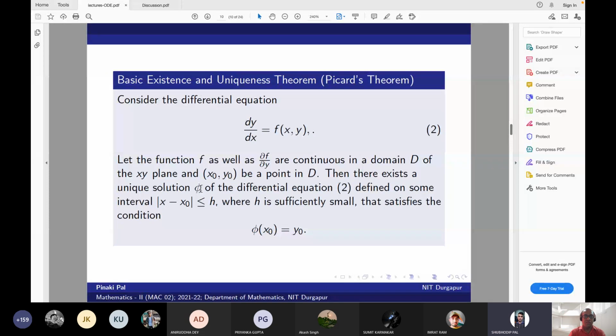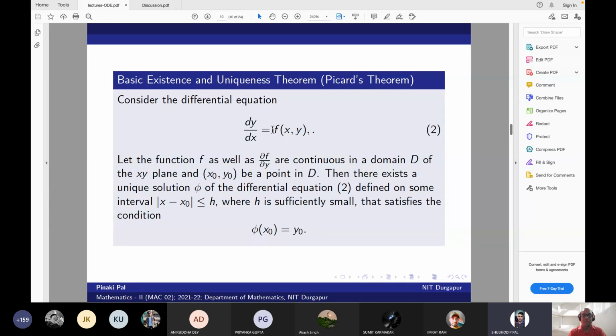Okay, so that was the question. And the answer is that we will not get the same function because the domain is constantly changing. So if we change the domain of a function, naturally the function will change. But the thing is that all the solutions will pass through the point x0, y0. So this much we can say from the existence and uniqueness theorem.